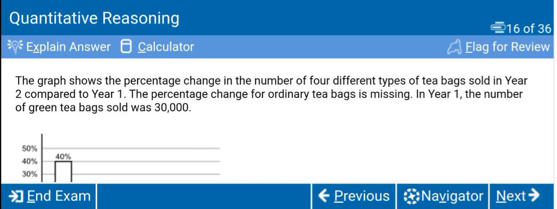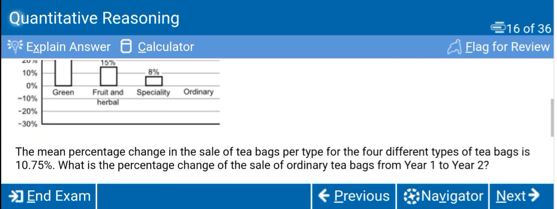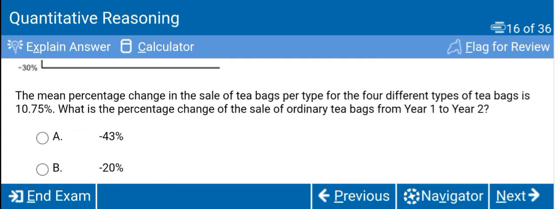Next question, that is question number 16. It says the mean percentage change in the sale of tea bags per type for the 4 different types of tea bags is 10.75%. So what is the percentage change of the sale of ordinary tea bags from year 1 to year 2?